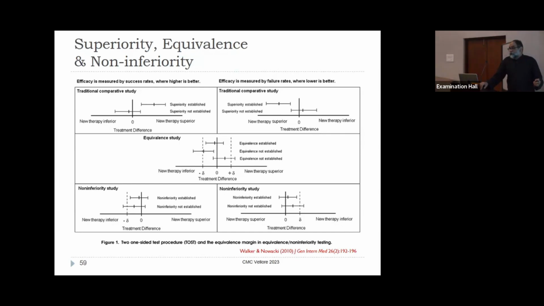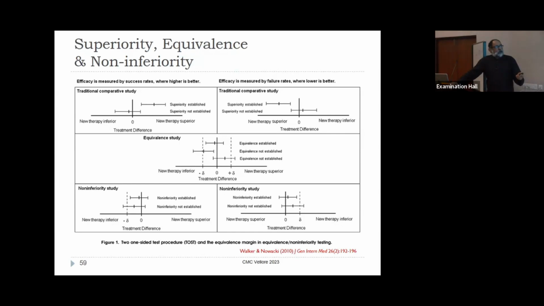So the new therapy is better than that. And so because you're taking the difference between the treatment minus the reference one, you would establish superiority if your confidence interval doesn't include 0.